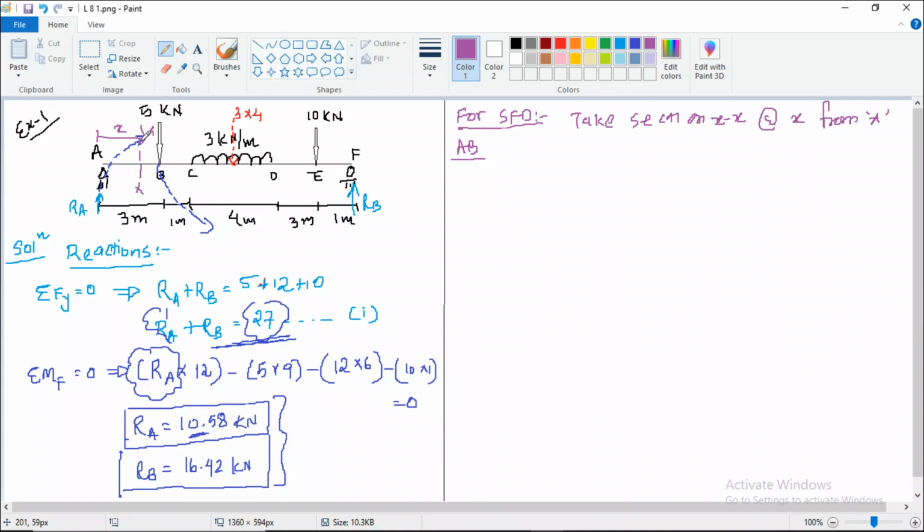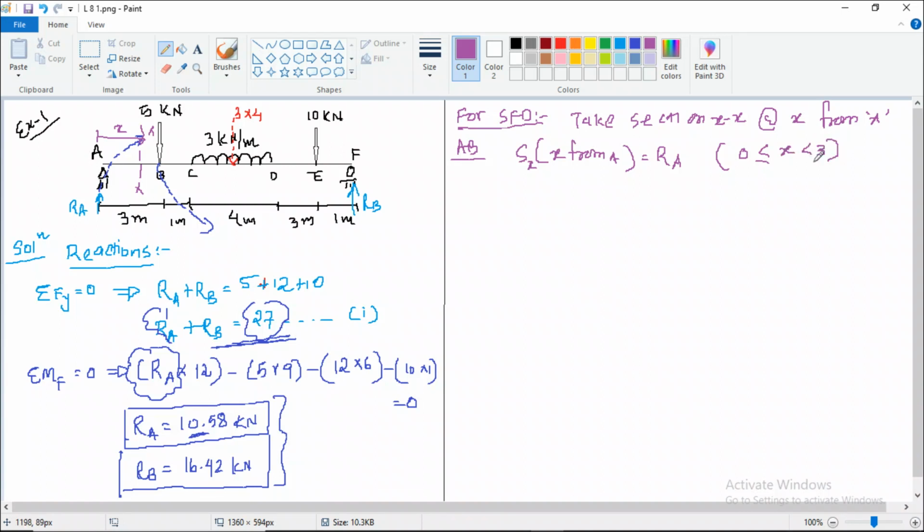So let us start in the portion AB. So shear force Sx, that is x from A, is nothing but only the RA value. Here we are considering the distance 0 less than or equal to x less than 3.